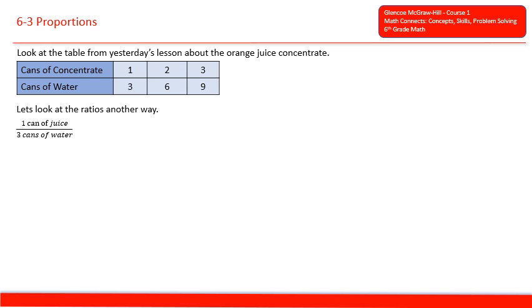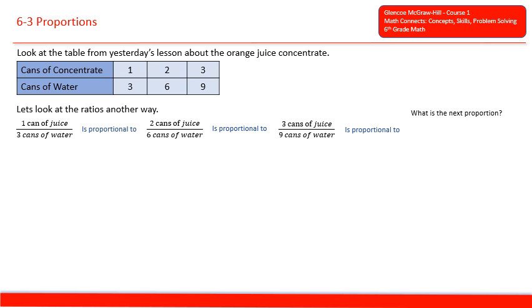So there's what the ratio would look like outside of the ratio table, and it is proportional to the 2 cans of juice and 6 cans of water, just like in the ratio table. And that means it's also proportional to 3 cans of juice and 9 cans of water, which is also proportional to, can you guess what the next ratio might be? It would be 4 cans of juice or 12 cans.